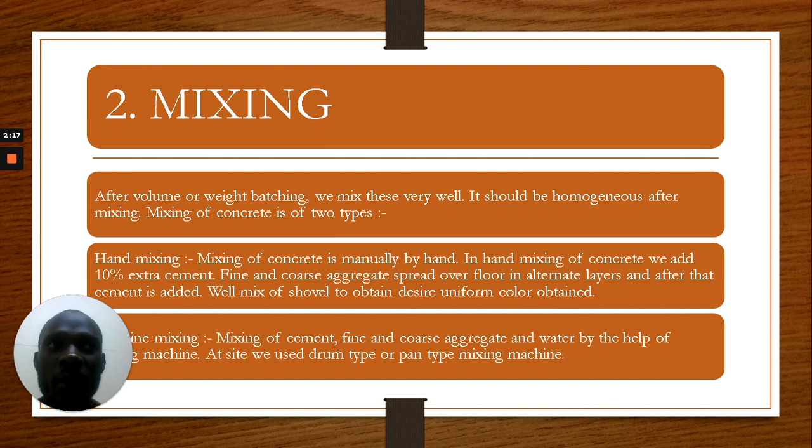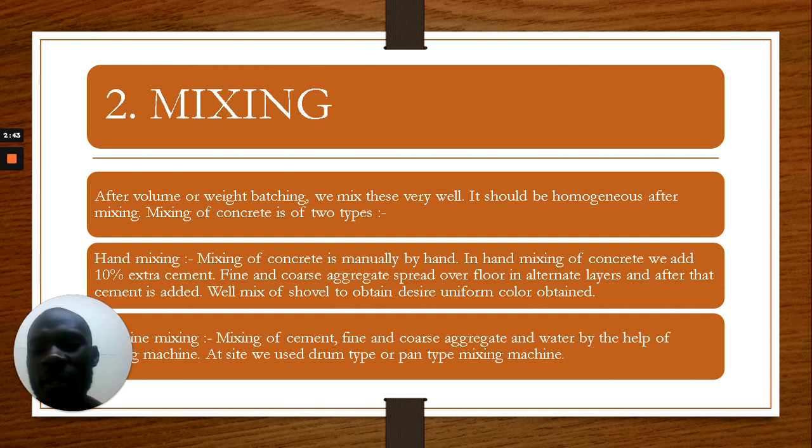So in mixing, we have two types of mixing, where we have hand mixing, and hand mixing is mixing of concrete manually by hand. In hand mixing of concrete, we add 10% extra cement, fine and coarse aggregates. So we add 10% in order to cater for the loss of cement.